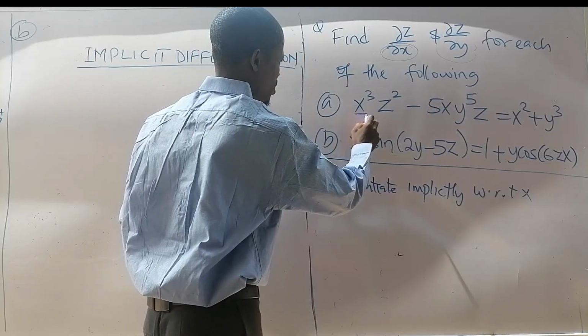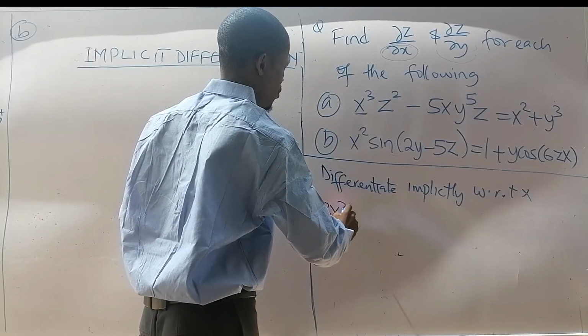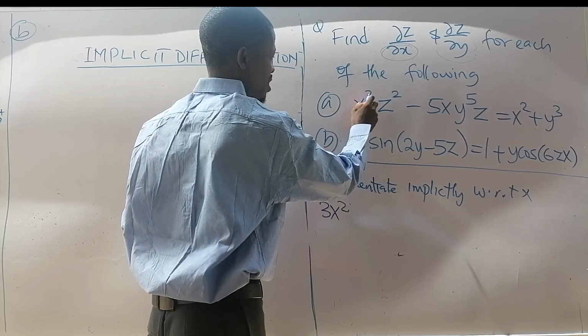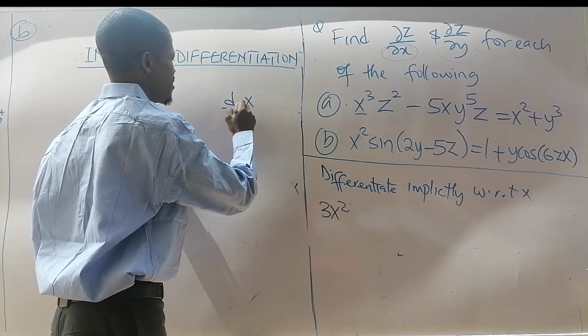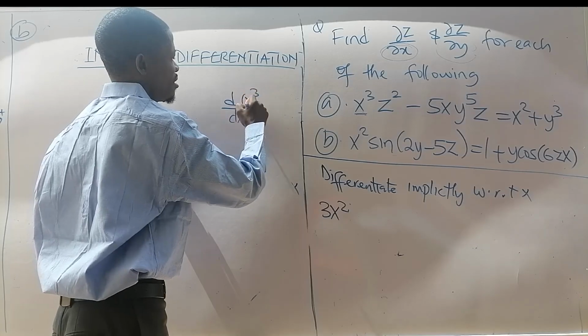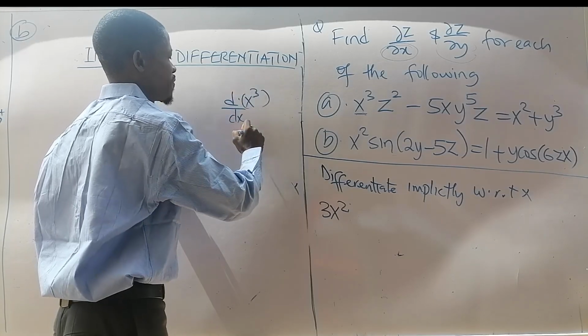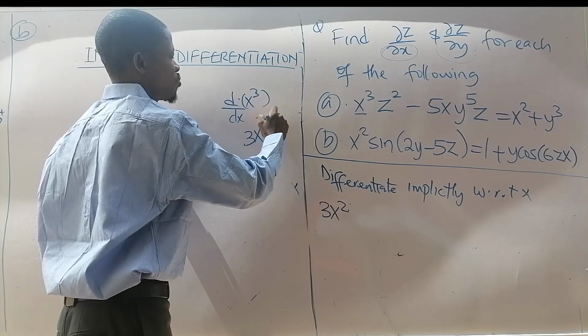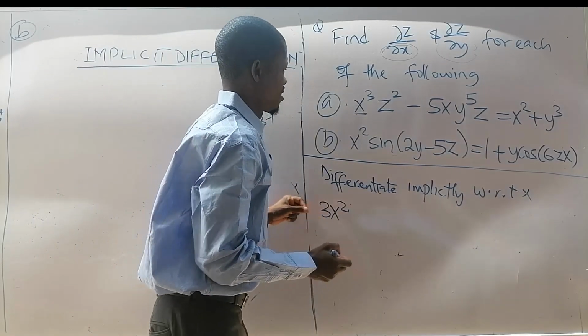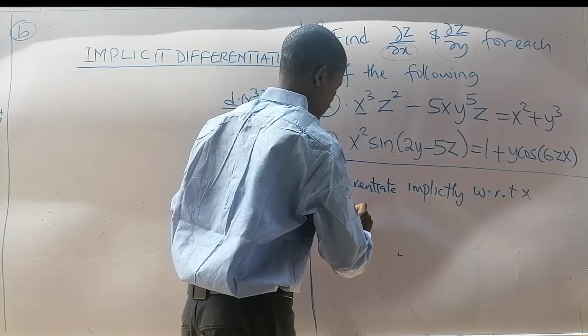I'm going to differentiate this one, 3x squared. If you differentiate this one, 3 will go to the front. Don't forget the rules of differentiation. The d/dx of this, the 3 will go to the front. So we have 3x to power 3 minus 1. So that's that.